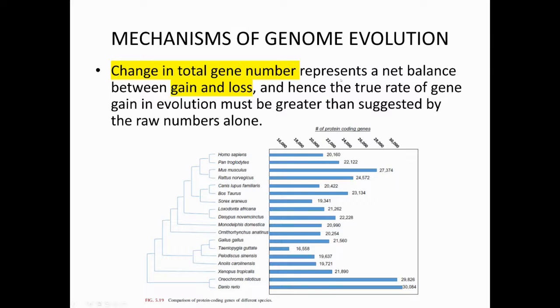The change in total gene number represents the net balance between gain and loss.